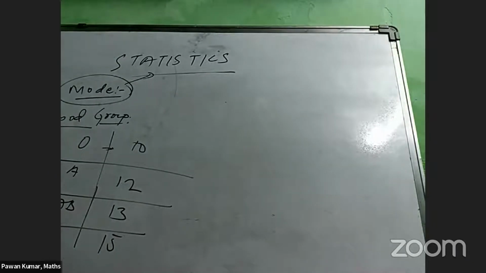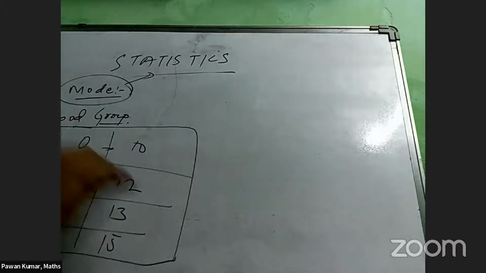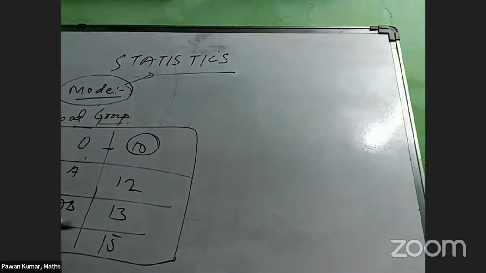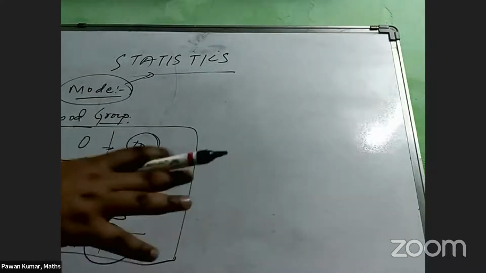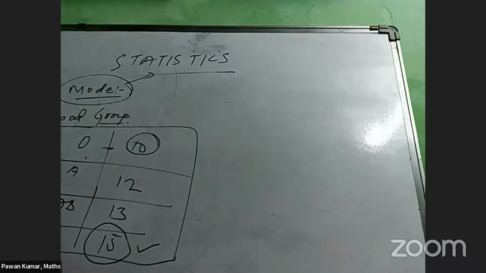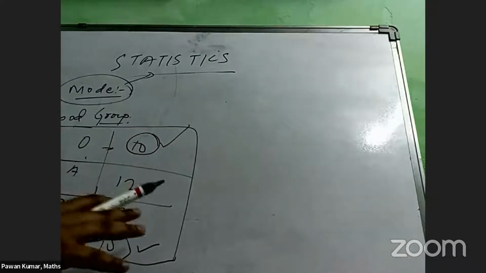Among these blood groups, we can see that the largest number of students are in the B blood group and the smallest number of students have the O blood group.